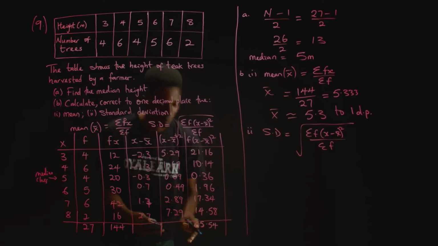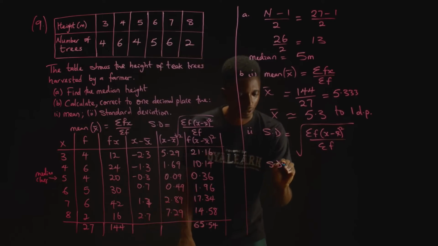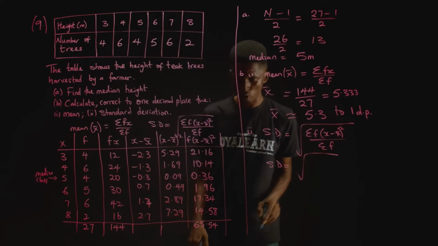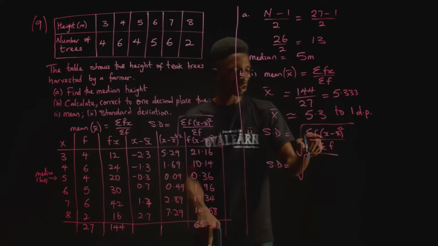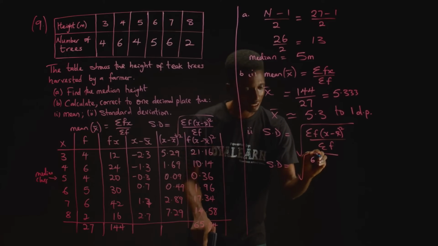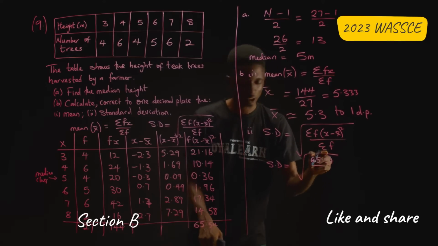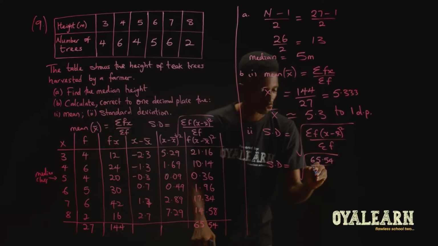65.54. Now we can then go on to find our standard deviation. This would be the square root of summation of f into (x minus x bar) squared, which is 65.54, divided by summation f, which is 27.